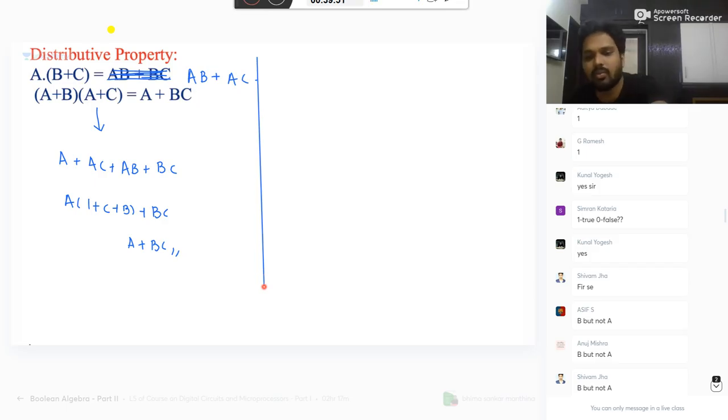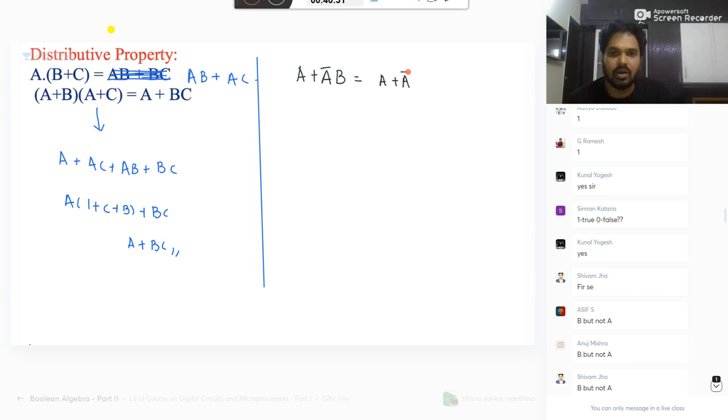This will help you in your problems. Let me give you that example. If you have A plus B into A bar plus, yeah, A plus A bar into B, if you have this kind of expression, now according to this rule, how can I write it?